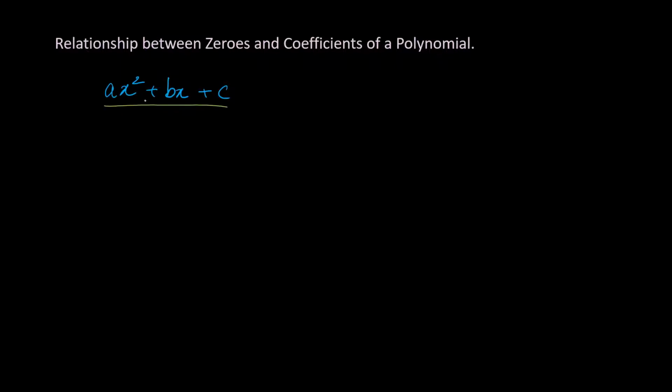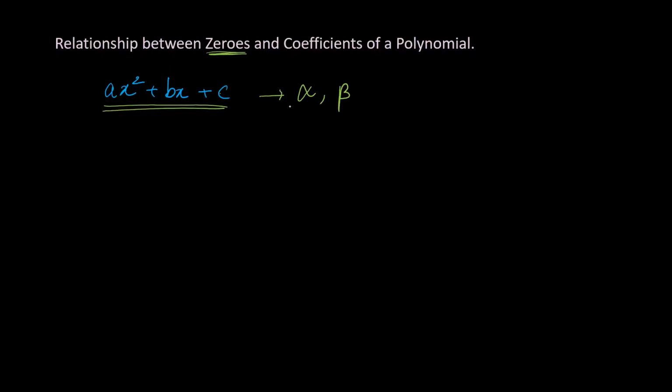If we factorize this, we'll get two zeros, one is alpha and the second is beta. These are Greek letters for a and b, which are used to show the zeros of a polynomial.